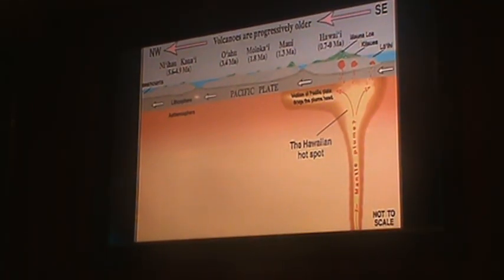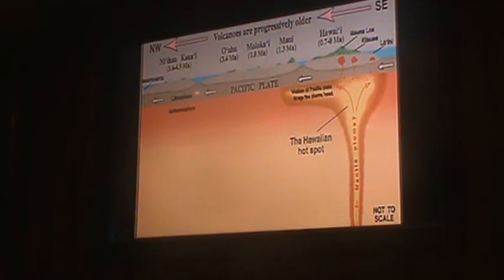So here's what's happened. We have, this is a little out of focus, but you can still see, we have what's called a hot spot, smack dab in the middle of the Pacific Plate. And what happens every now and then is that this hot spot will find a weak place in the crust, and it will poke through with that magma that we were just talking about.